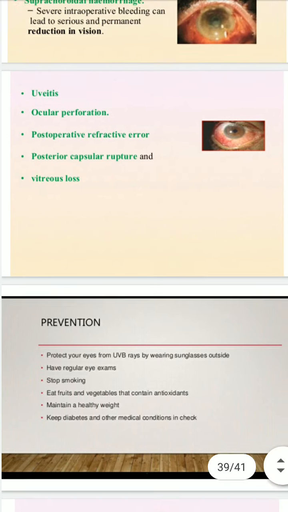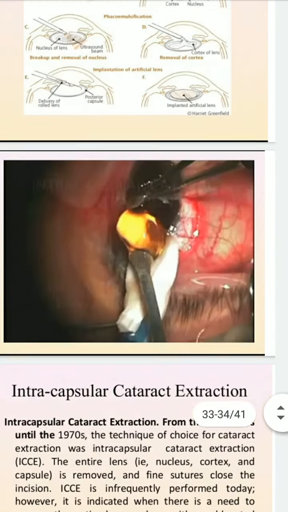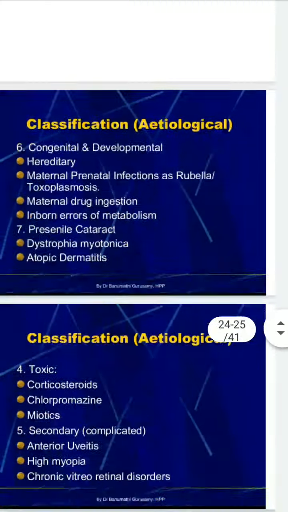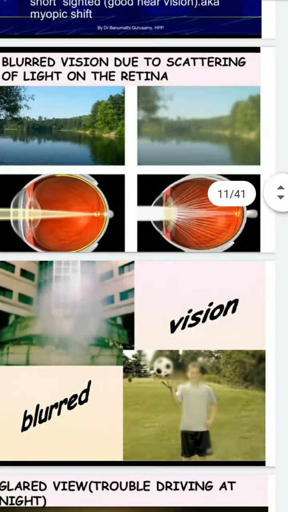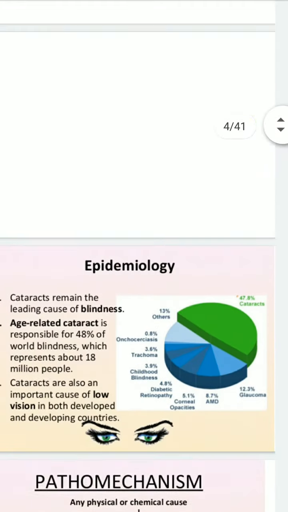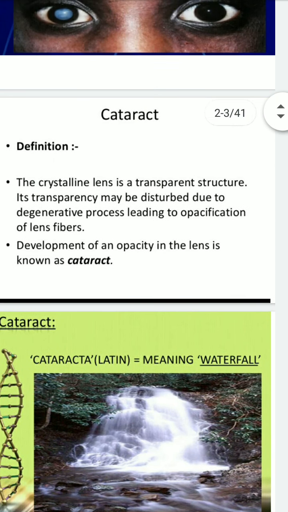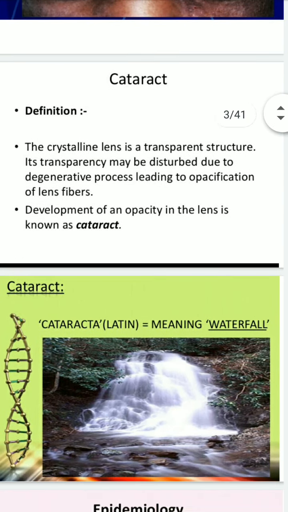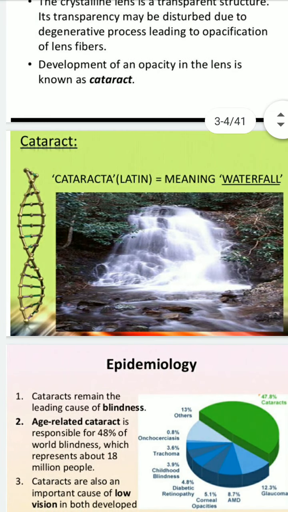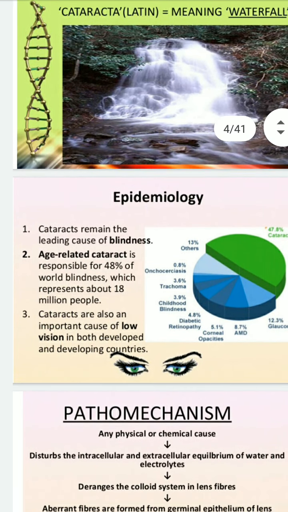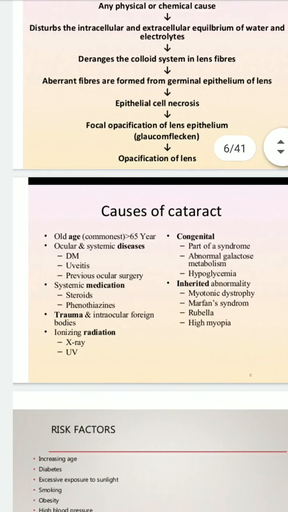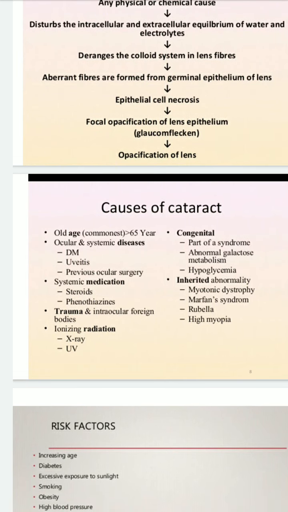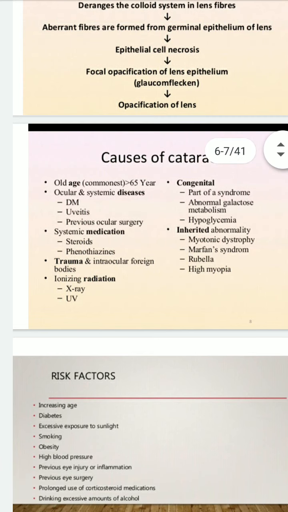So cataract is the opacification of the lens. And the main causes are old age, ocular or systemic diseases like diabetes mellitus and uveitis, then systemic medications like steroids, trauma, intraocular foreign bodies, ionizing radiation, and congenital and inherited factors.